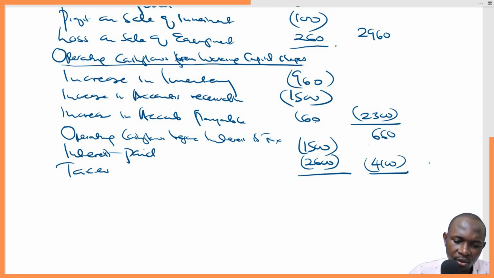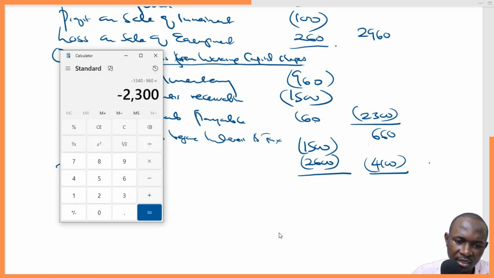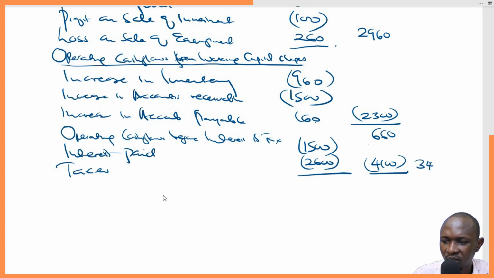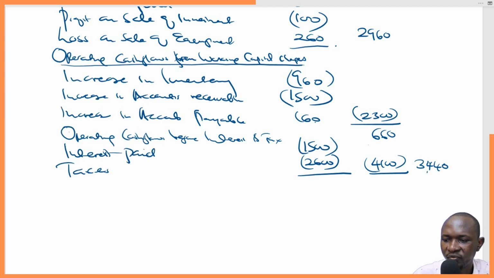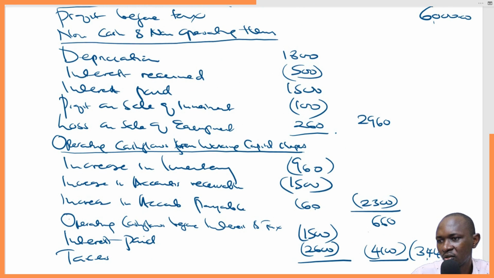So that will give us 660 minus 4,100. That gives us 3440, 3440 negative, in the last column.